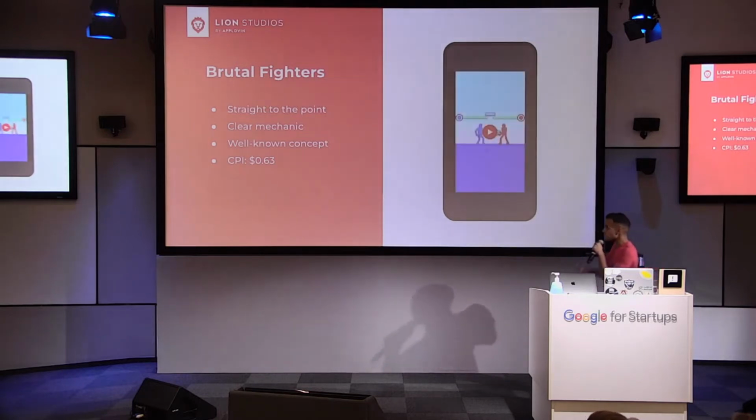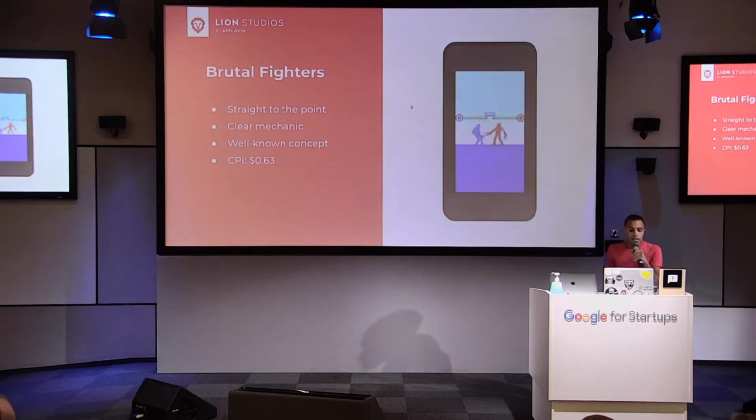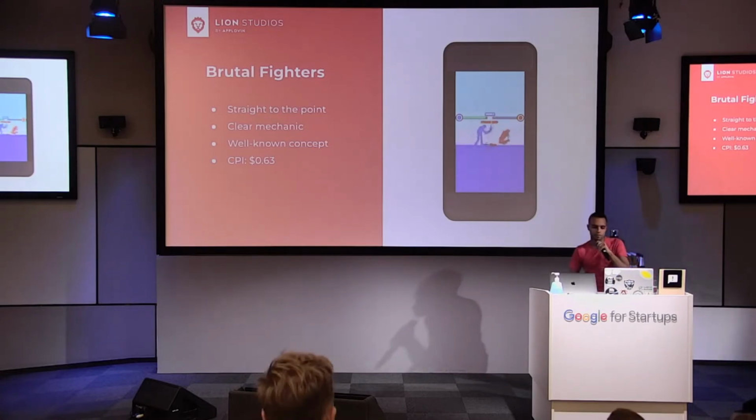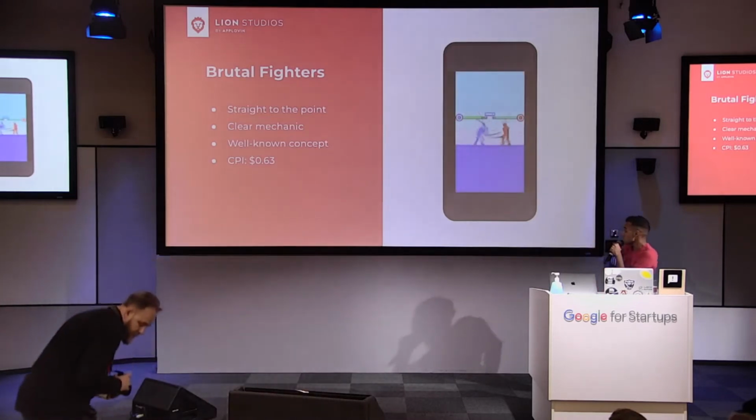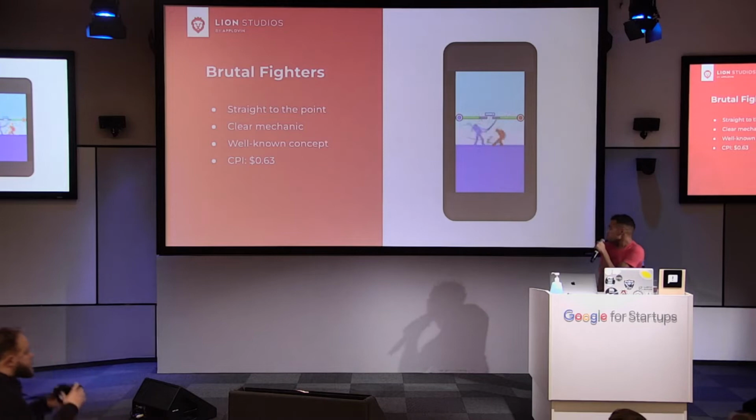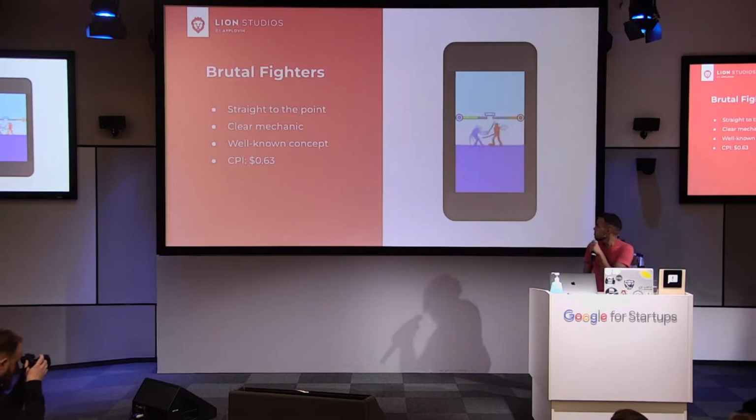And the mechanic is clear. You've got two opponents fighting against each other. And also, it is a well-known concept, which basically everyone knows: Street Fighter, Mortal Kombat, Tekken, games like this. And the CPI for this is 63 cents, which is practically half of the first one.